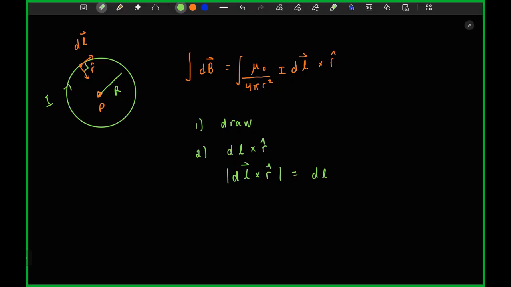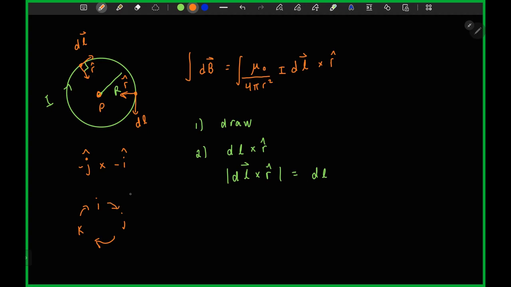Lastly, we want to consider the direction of this and see whether that changes as we go along the circle. And so let's consider a nice point. Maybe I'll consider the point right here. Here we have dl, here we have r hat. And so we can see that dl points in the negative j direction, r hat points in the negative i direction. Looking at our cross product rule, i j k, we are going anti our arrows since we're doing j cross i, and then we have an additional double negative.